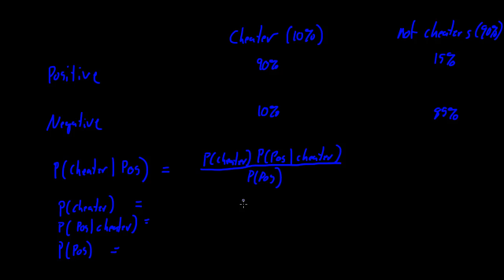To figure out all these different values, we need to walk through and fill in part of the rest of our table. To do that, we're just going to multiply these two percentages together. When someone is a cheater and they had a positive outcome, what's the percentage of the total population that makes up? We know that cheaters are 10% and positive outcomes are 90%, so 10% times 90% gives us just 9%.